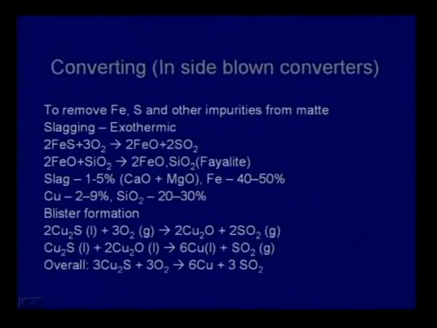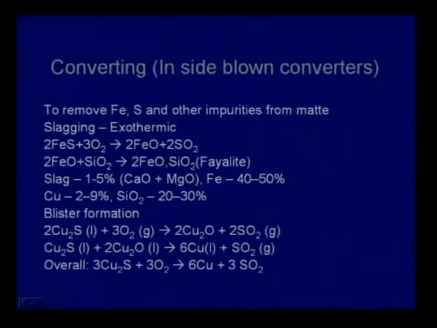Why it is from the side, I will discuss a little later. And once we start doing that, we automatically will produce blister copper. Blister copper means, once that copper is formed and is solidified, and if it is broken, it has a structure like blisters. There are lots of holes. So, that is why it is called blister copper.